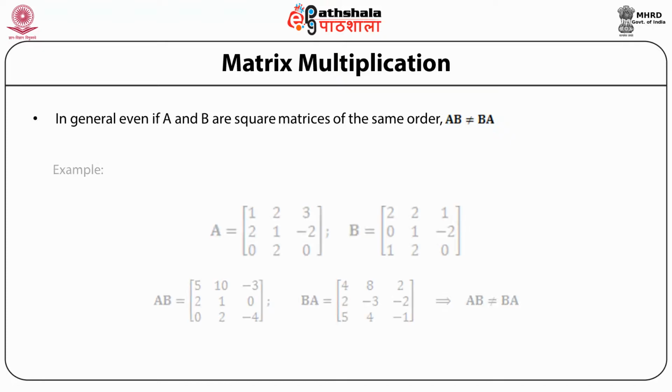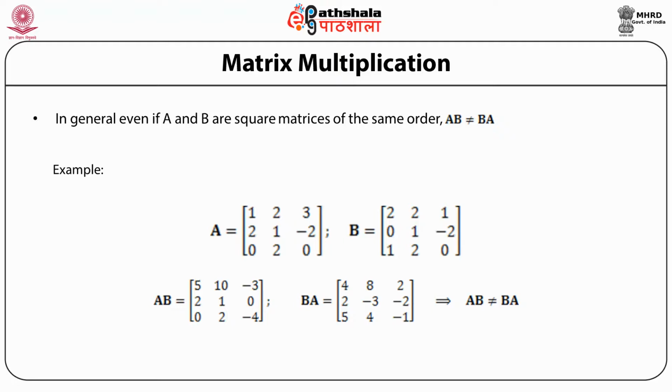For example, let us consider the matrix A to be a 3 cross 3 matrix with the first row being 1, 2, 3, the second row being 2, 1 and minus 2, and the third row being 0, 2 and 0. Another matrix B is a 3 cross 3 matrix with the first row being 2, 2 and 1, the second row being 0, 1 and minus 2, and the third row being 1, 2 and 0.